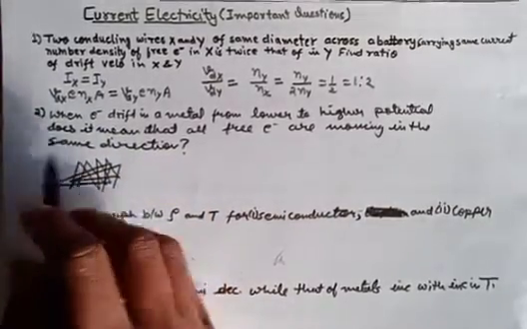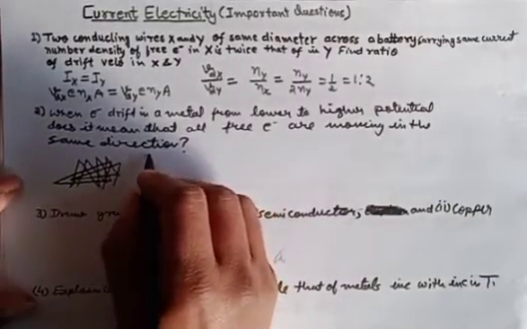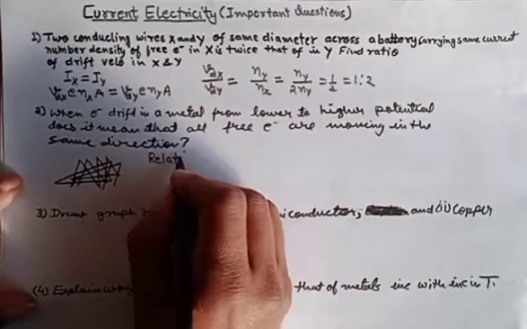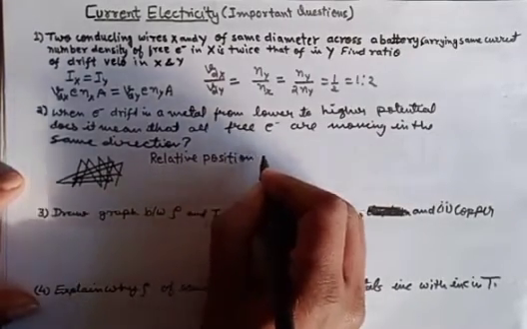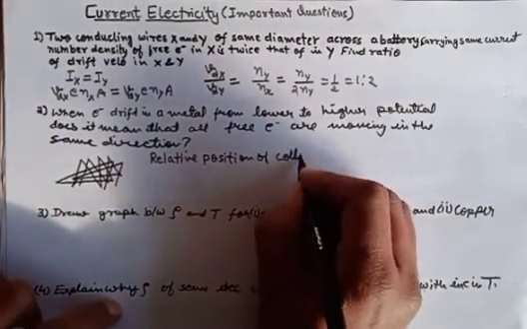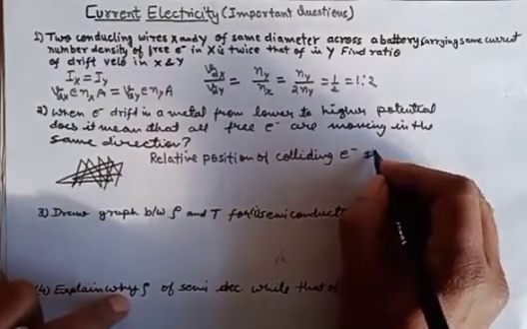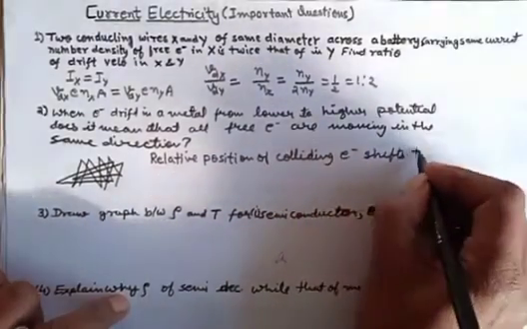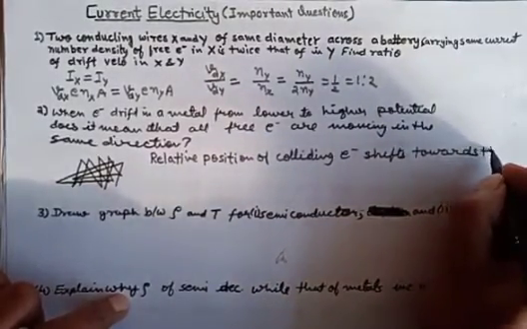You are not required to do all of it, but you can say that the relative position of the colliding electron shifts toward positive potential.